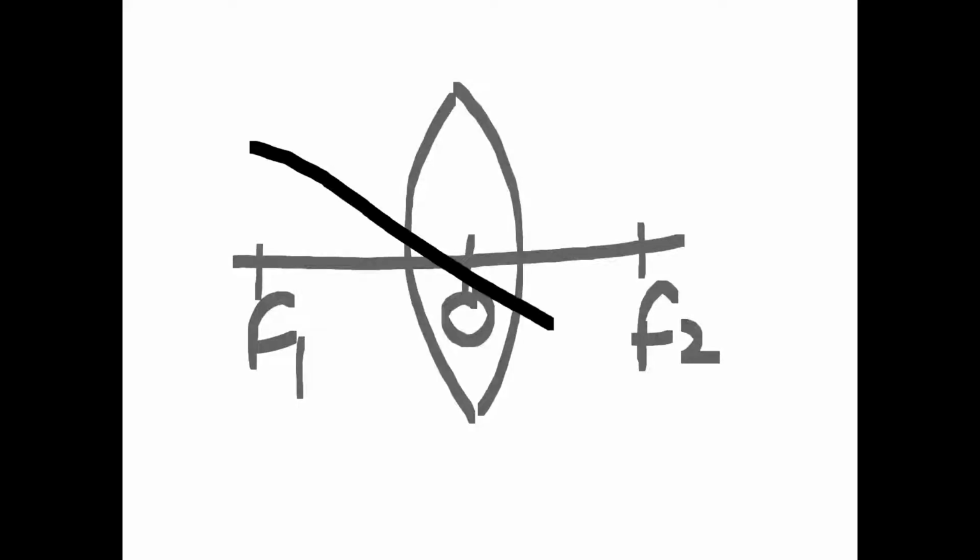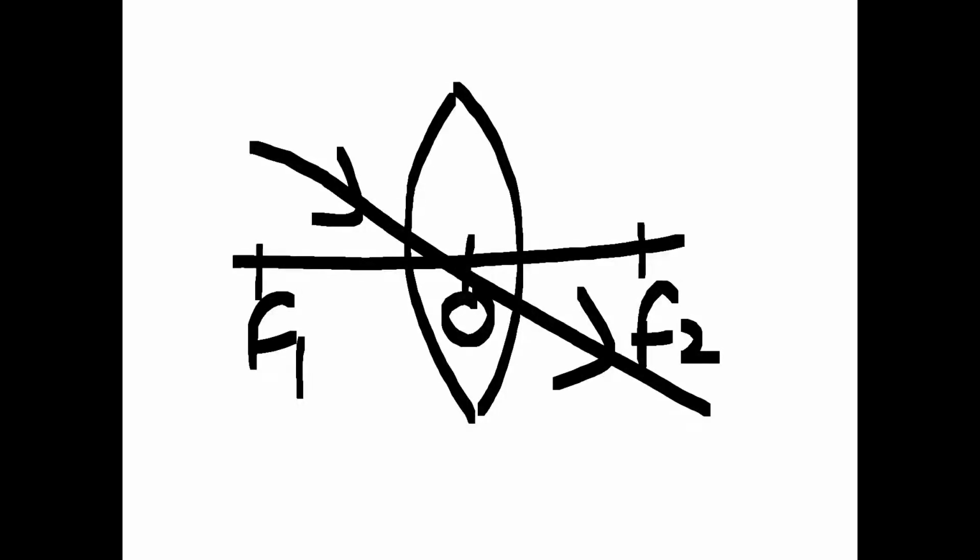After that, third rule, a ray passing through the optical center of the lens. This is optical center, this is f1, this is f2. It is passing through the optical center, right? A ray of light passing through the optical center of the lens travels undeviated after passing through the lens.